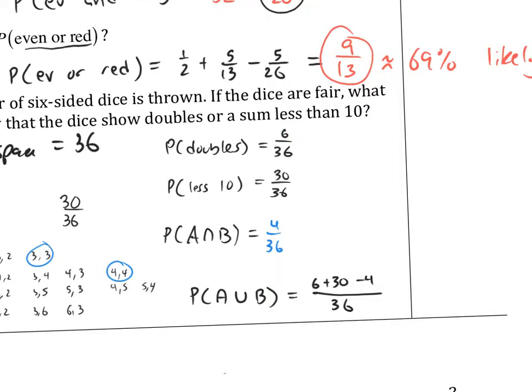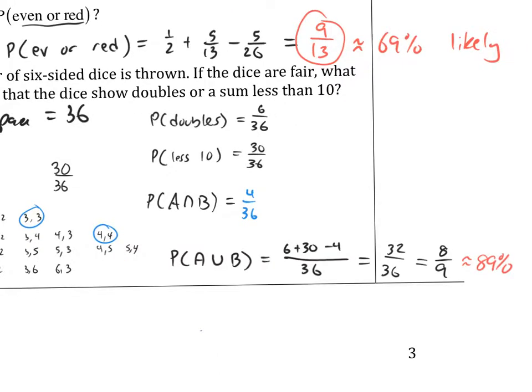So the 6 plus the 30 minus the 4 gives the total number of the or, and then we divide by 36. So in this case, it's 32 out of 36, which reduces to 8 out of 9. So if we brought that into percentage, the chances are very, very likely. Not 100%, but certainly up there.